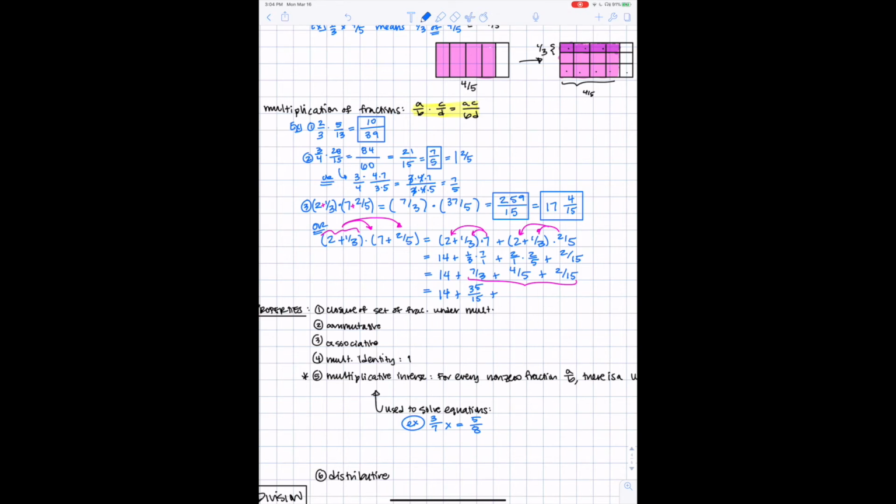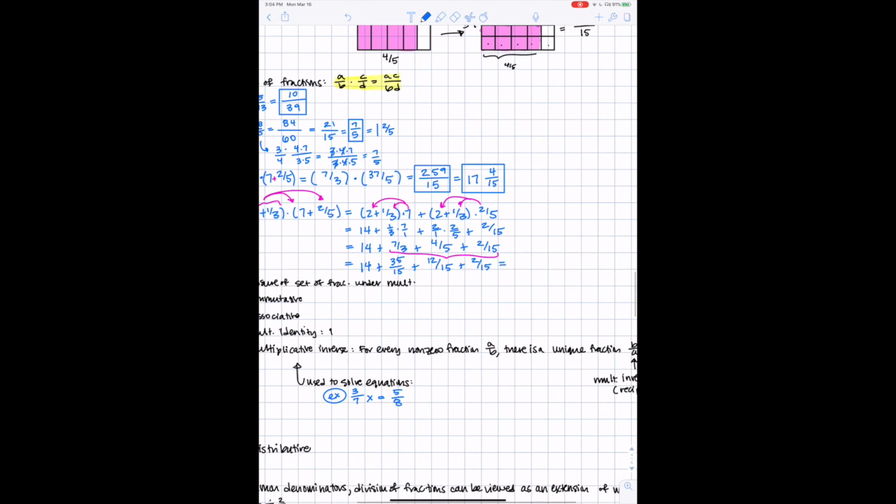And 4 over 5 I'm going to multiply by 3 over 3. So that's 12 over 15. And I'll just leave my 2/15 the same. Okay, so now I have 14 plus 35 plus 12 plus 2. So that's 49 over 15.